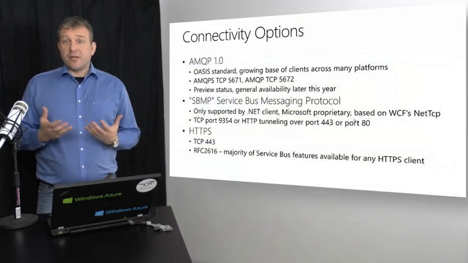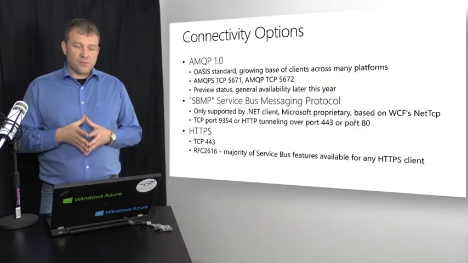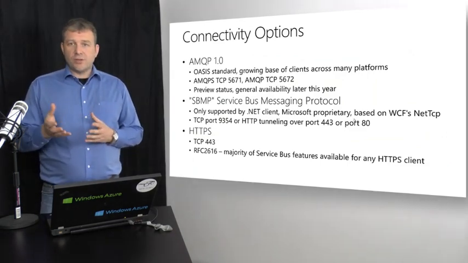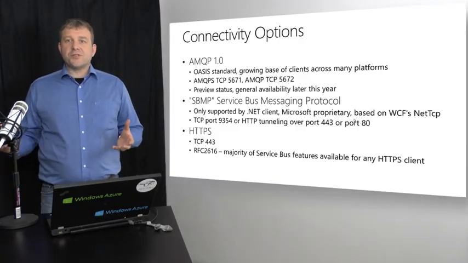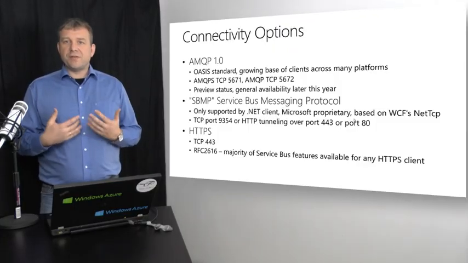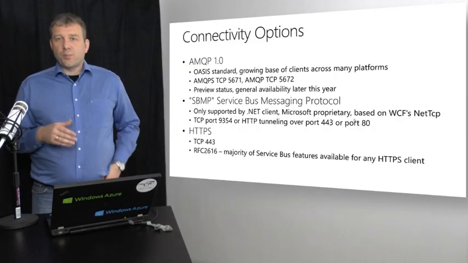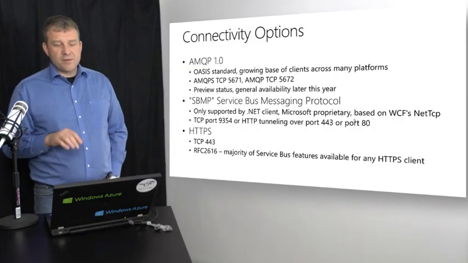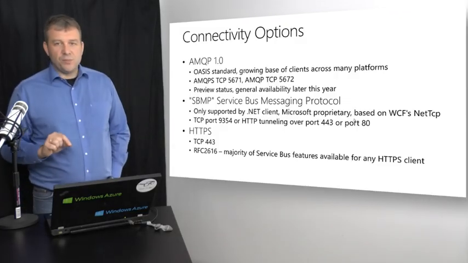So the three connectivity options, I already mentioned them. I'm going to revisit them quickly, also in order to tell you what the ports are that we require. If you talk to us from outside of Windows Azure, you need to open specific outbound ports. We are communicating through the standard ports for AMQP, that's 5671 and 5672, preferring obviously AMQP-S.